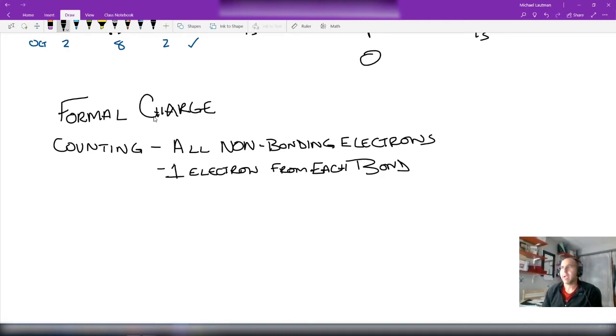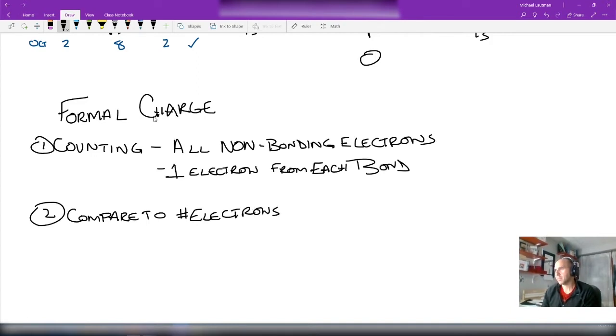Okay? And then we have to do a comparison. So first we count, then compare. It'll make more sense when I give you an example. Compare to the number of electrons in a neutral atom. And this is important. It's the neutral atom that we compare to, like from the periodic table.